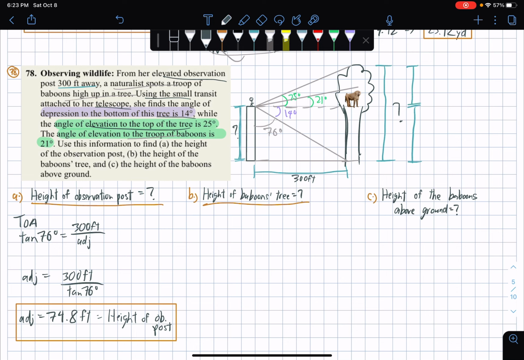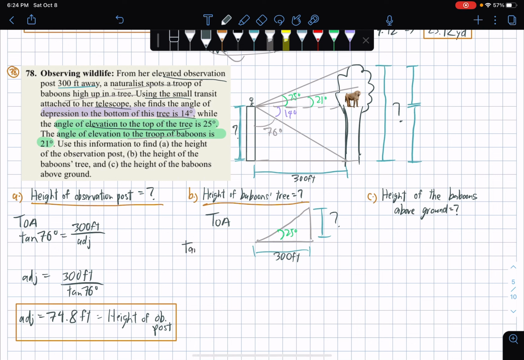So how do we find it? We'll still use the same TOA. I'll redraw the triangle here. We'll be using the triangle that has 25 degrees, and this is the missing value, and this is the 300 feet.